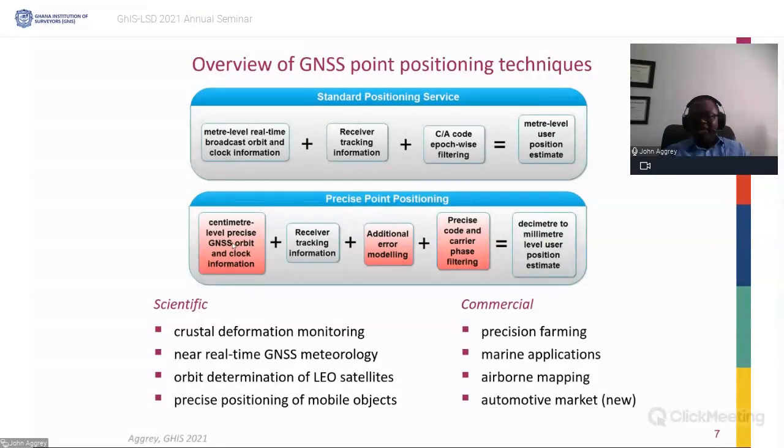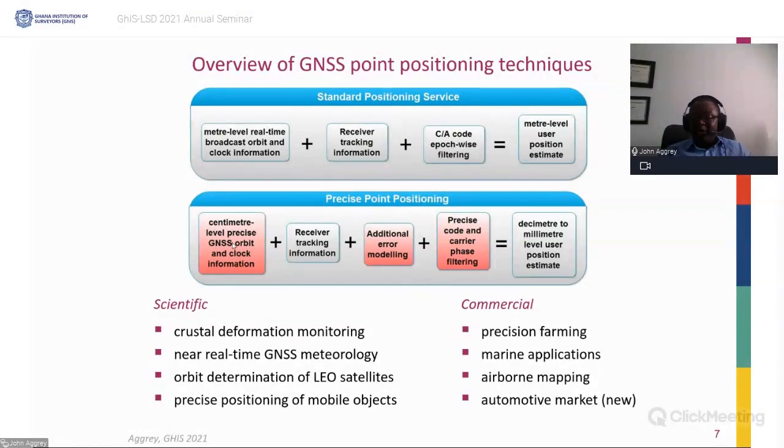Now, currently, there are so many applications using this kind of technique. On the scientific side, we can talk about crustal deformation, that is, looking at how the topography of the earth is behaving. We also use it for monitoring the height of buildings. We do orbit determination of low orbiting satellites.